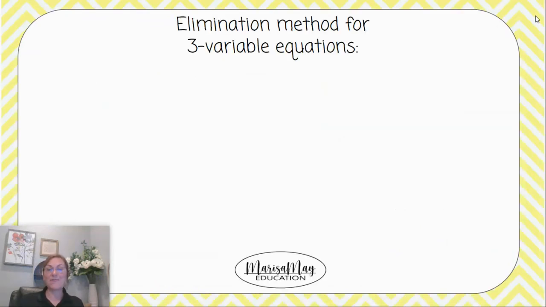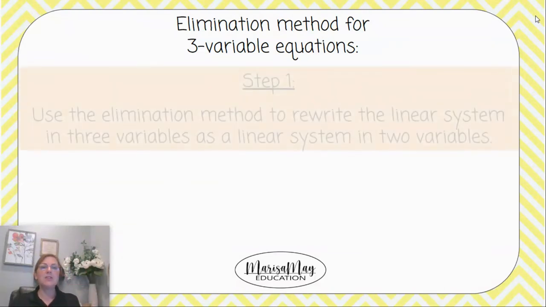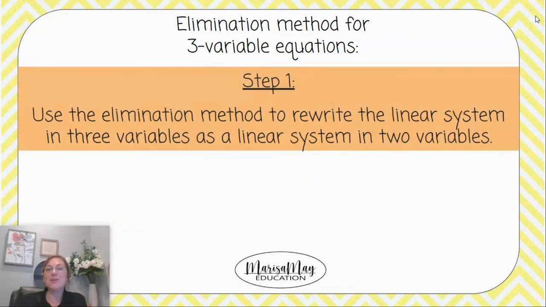So I want to turn our focus then to how we do the elimination method when we have 3 variables. So not just x and y, what about x, y, and z? In order to do the elimination method with 3 variables, you need to rewrite the system into a system of 2 variables.